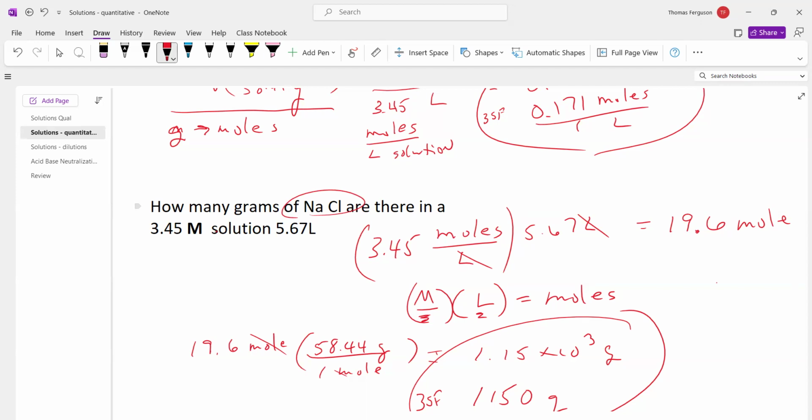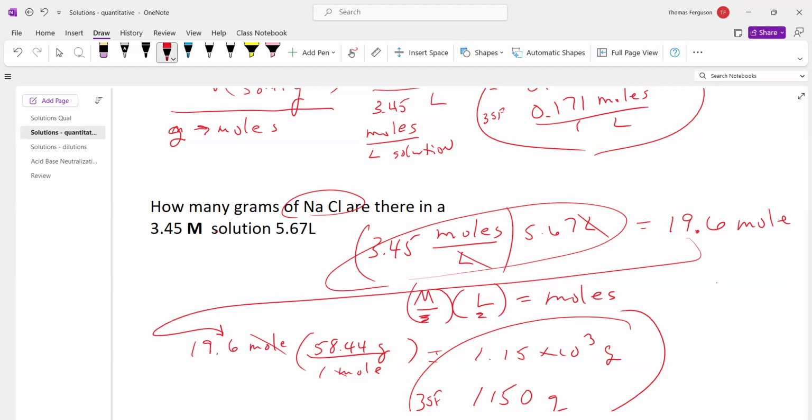So once we calculate the moles using this, then the moles go to that. Then we convert over and say there's this many grams of solute. So that's a dry problem. And I gave you lots of examples of this. We talked about it.